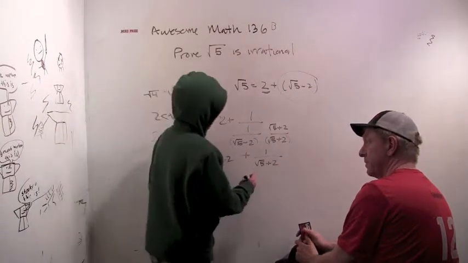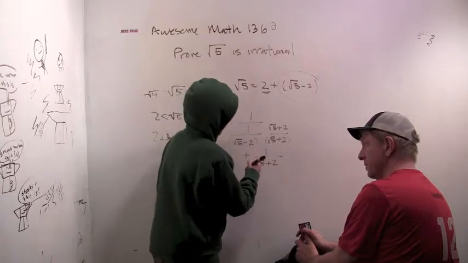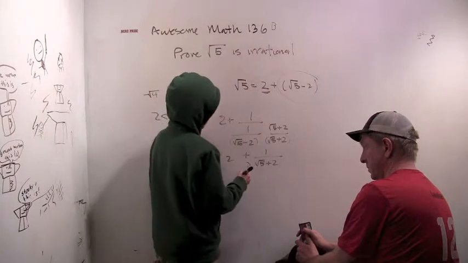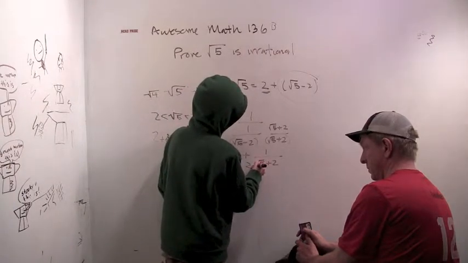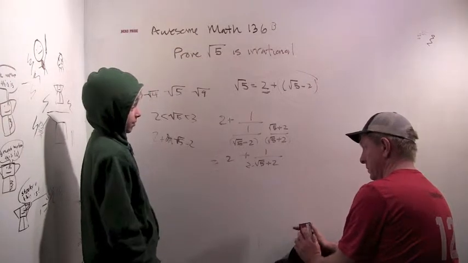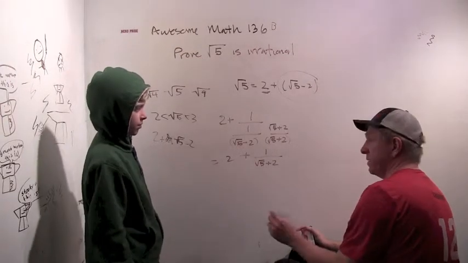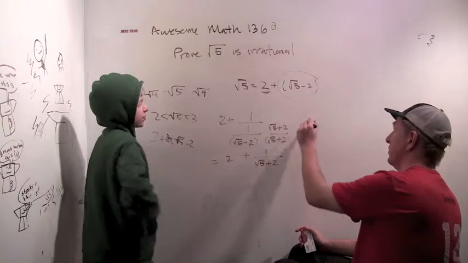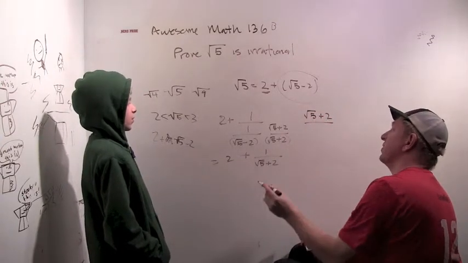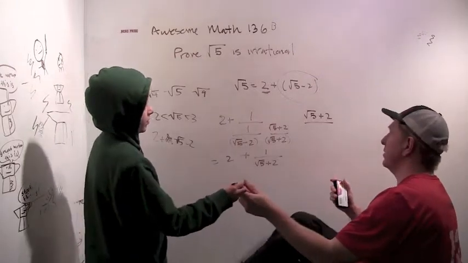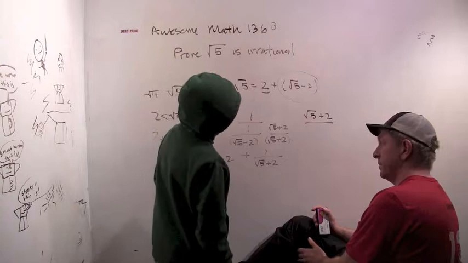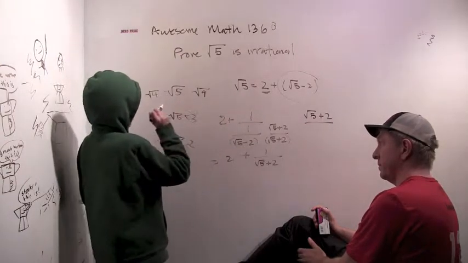Well, it's 2 minus the square root of 5 plus 2. Here, let's write it over here. So we have the square root of 5 plus 2. This is the number we're trying to figure out. What is that number? Well, the integer part of it, we're gonna do what we did before.